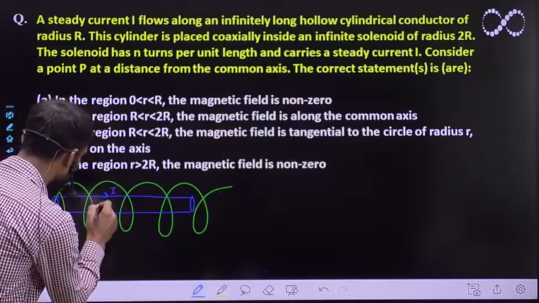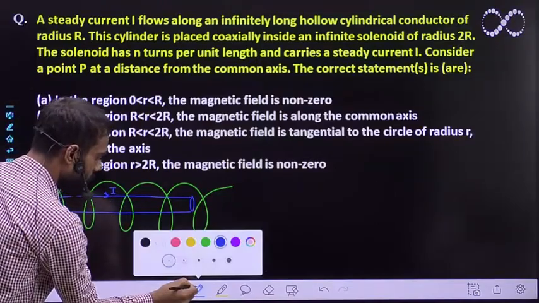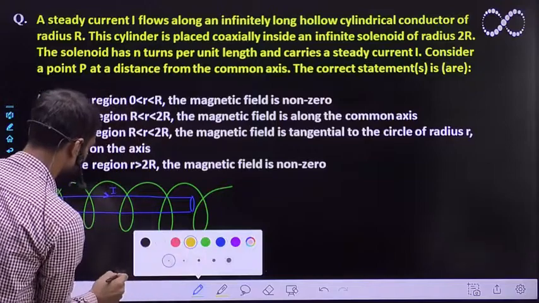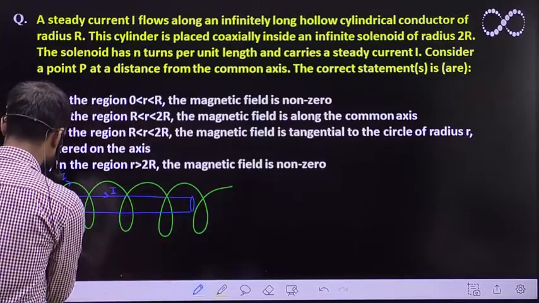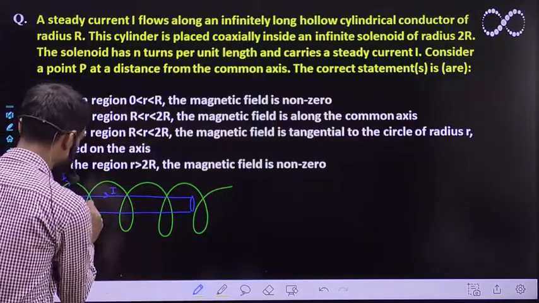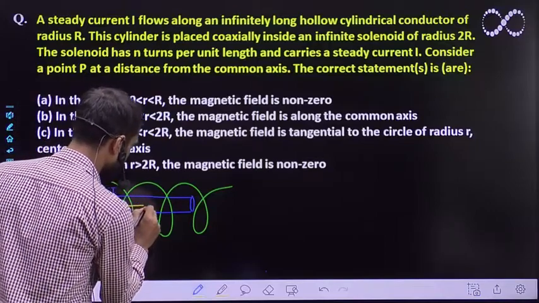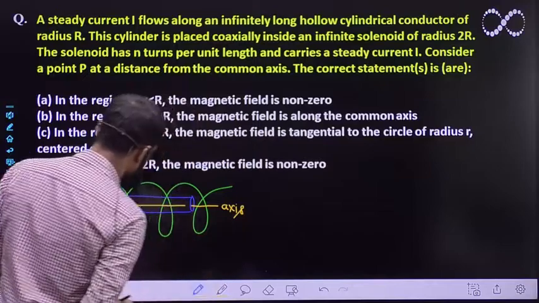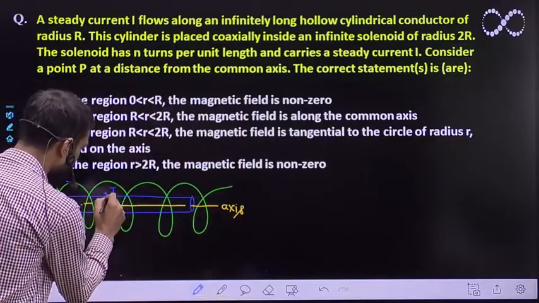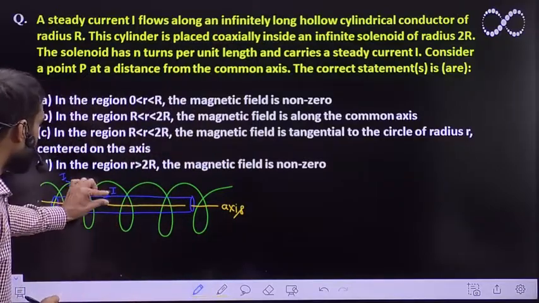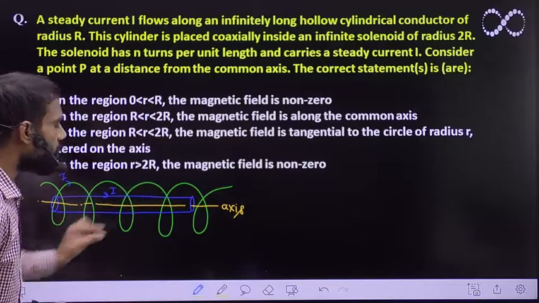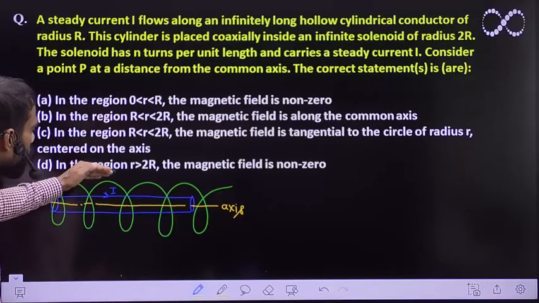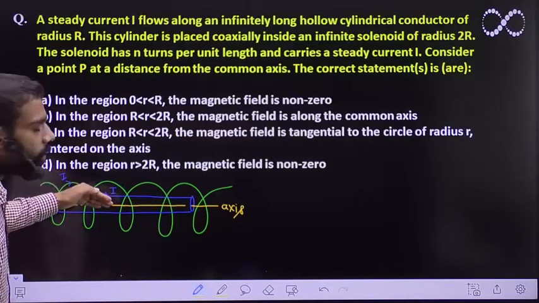This line I am taking as the axis. It is saying from 0 to R, in this region. In this region the field due to the cylinder will be 0, but the field due to the solenoid will be there.